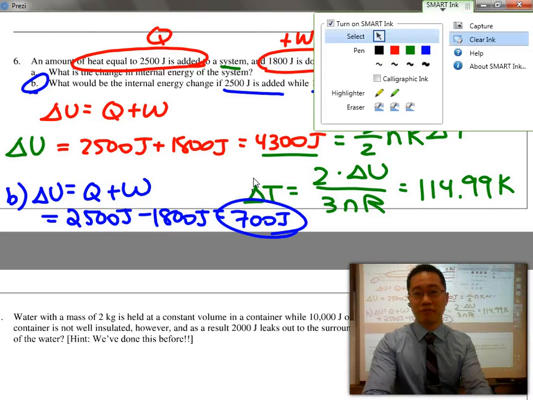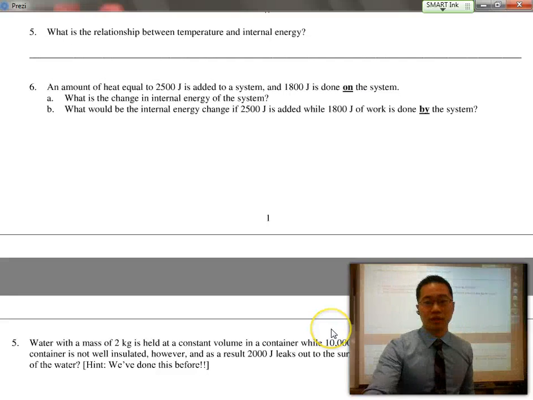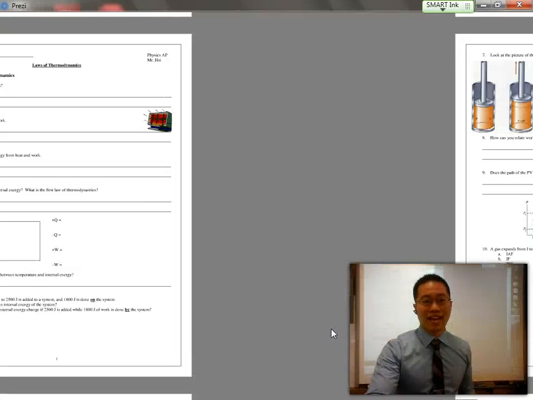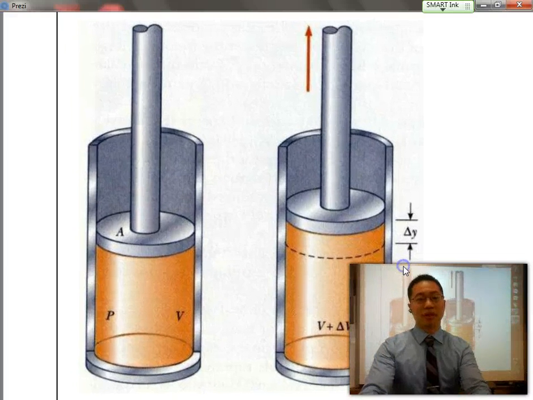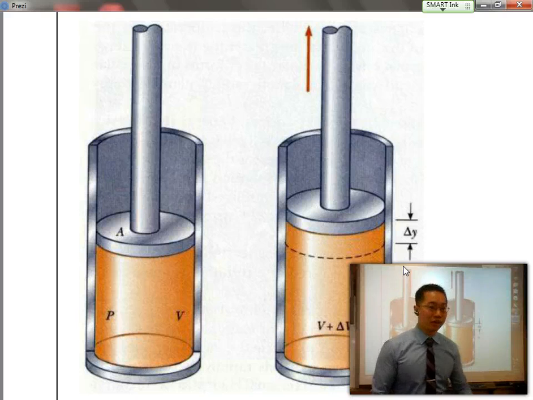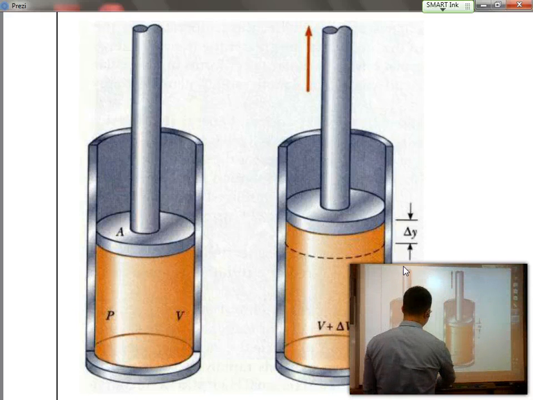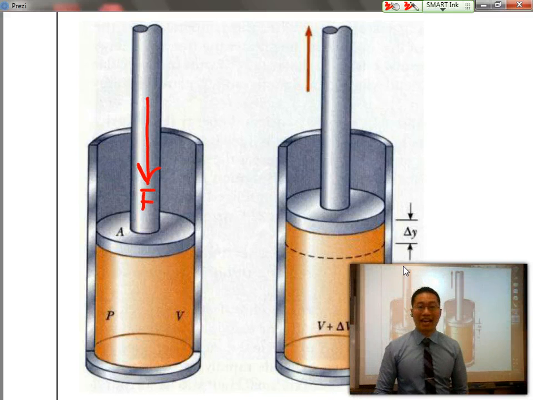Okay, so let's clear off the work here. Now if we take a look at an actual piston again, we can talk about how work is being done whenever the piston, of course, is applying a force onto the gas itself.